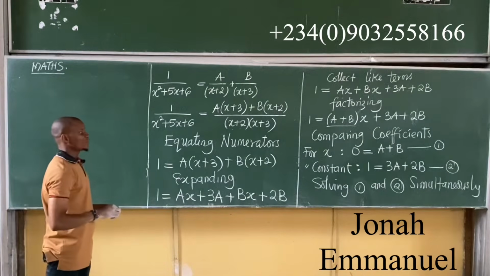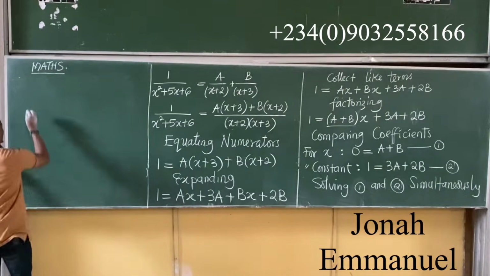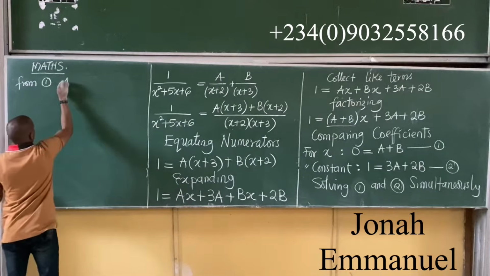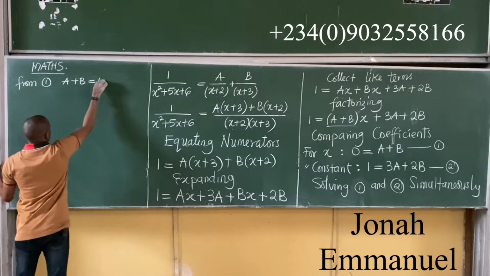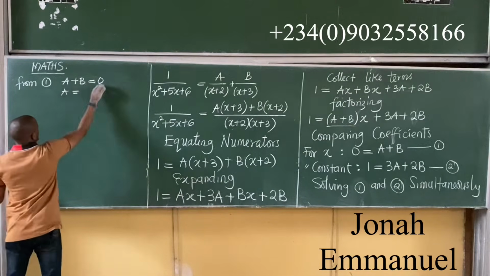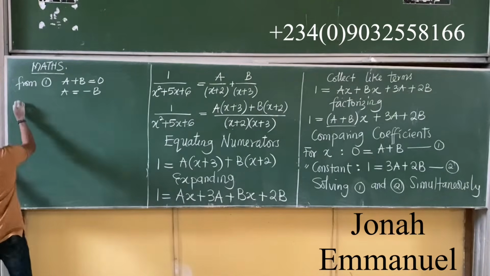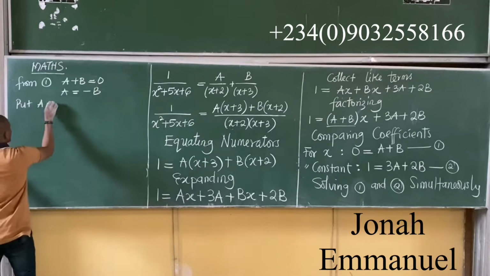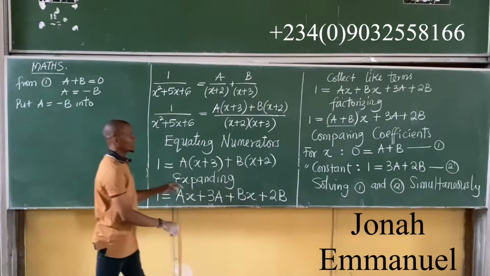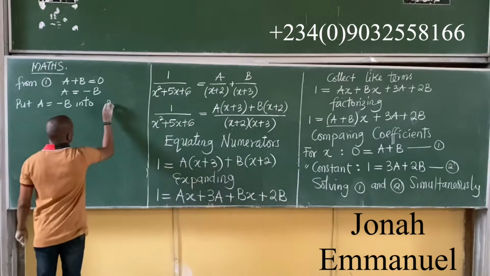Alright, so I'll solve it using the idea of substitution method. From equation 1, we said a plus b is equal to 0. Move b over here, so a is equal to, b comes and becomes negative b. I'll put a as equal to minus b into the other equation, that's equation 2.